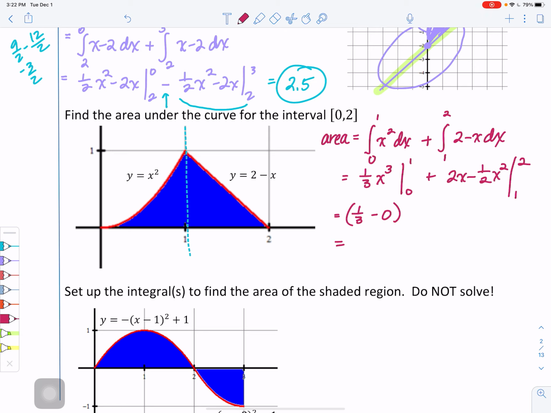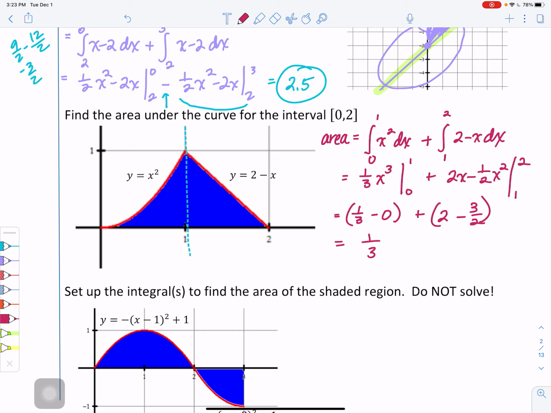That was nice and easy. No mistakes made there. Plugging in a 2, that's a 4 minus 2, and that leaves us with a 2 minus, plugging in a 1, I get a 2 minus a half. And 2 minus a half is 3/2.